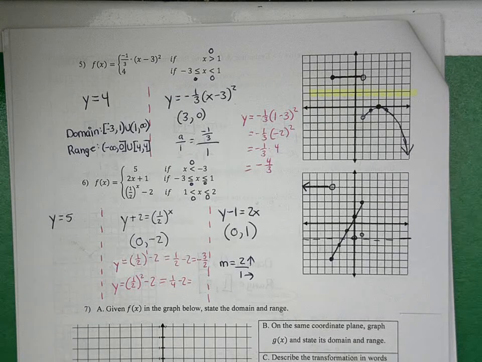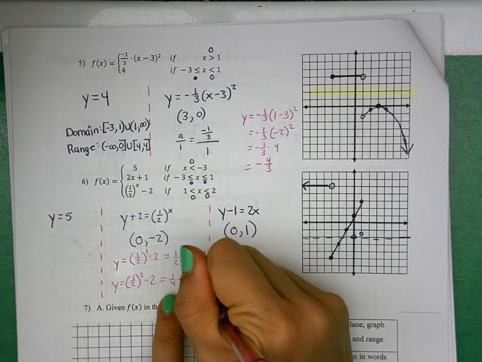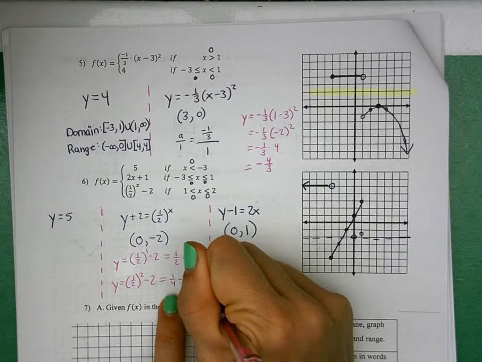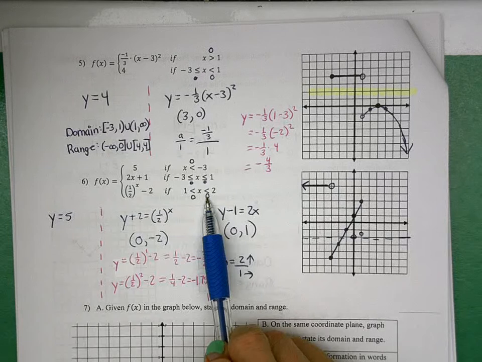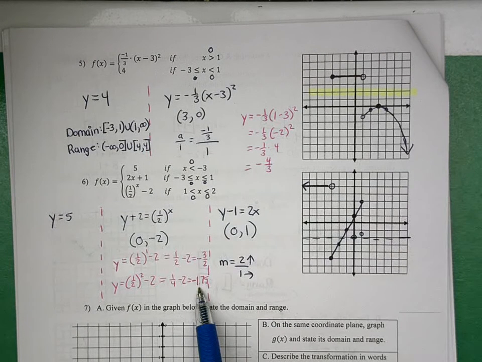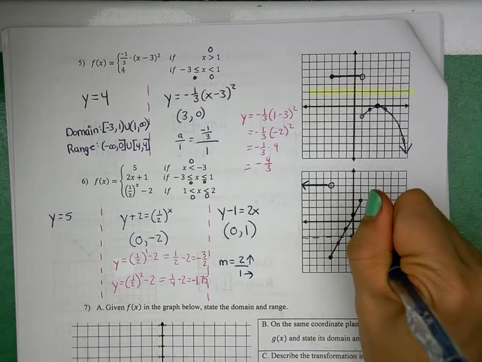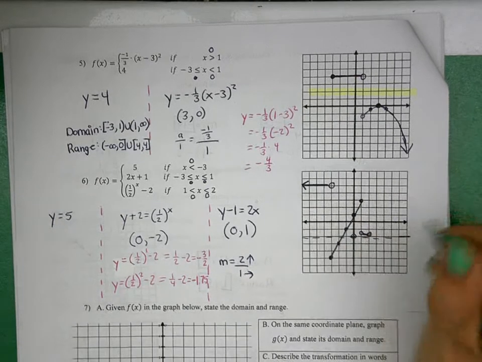Since I did a fraction here, let me go ahead and do a decimal down here. So negative 1.75. And so I know I have a hole at x equals 2, y equals negative 1.75. And so I just got this little itty-bitty piece of an exponential down there.